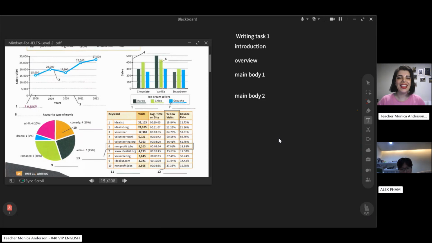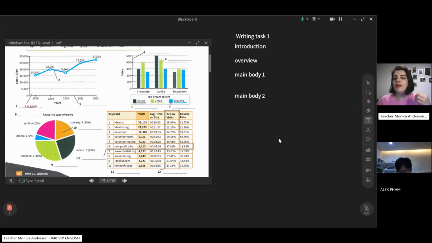It's like a sum up of the whole graph. Yeah, of course, you're right. In simple terms, an overview is a summary of what you see.